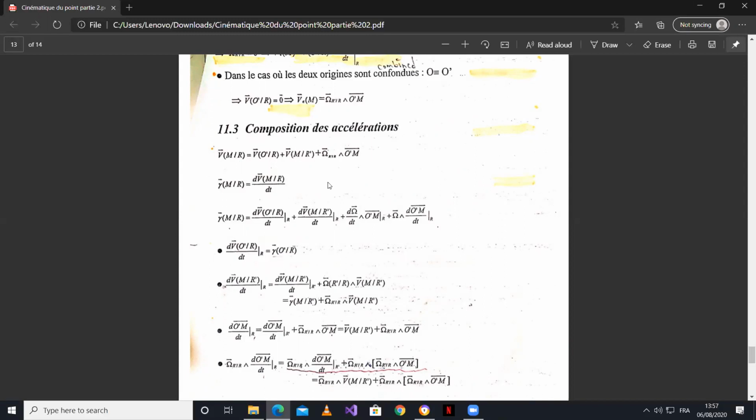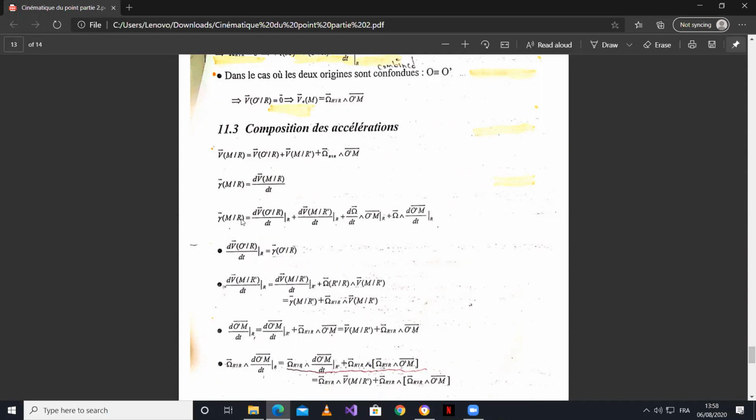Now we want the acceleration, and we know acceleration is simply the derivative of the vitesse. So what we're going to do is we're going to derive this entire expression here for us to get the acceleration. And as usual, you ask yourself, I'm being asked to study the acceleration of what? Of the point M. To study it in what? The referential R. Okay, referential R.